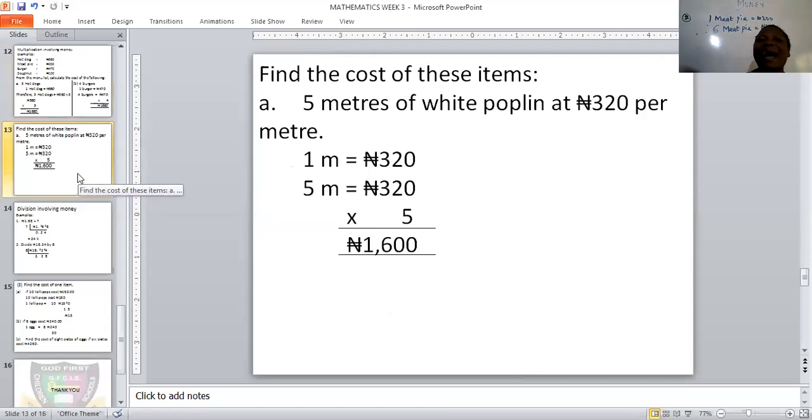Find the cost of these items. 5 meters of white poplin. Poplin is a white cloth. Poplin at 320 naira per meter. 1 meter is for 320 naira. Now 5 meters will give us 320 naira times 5.